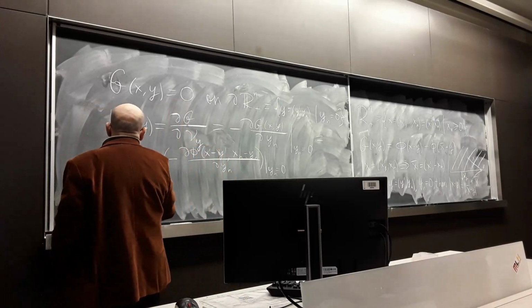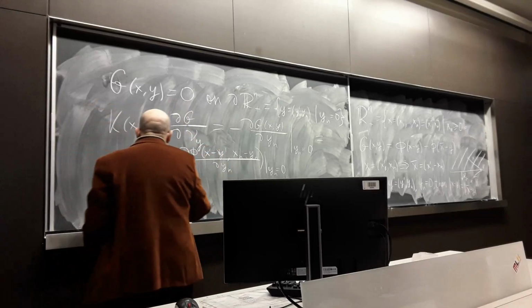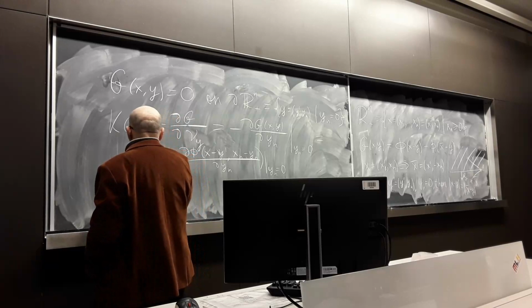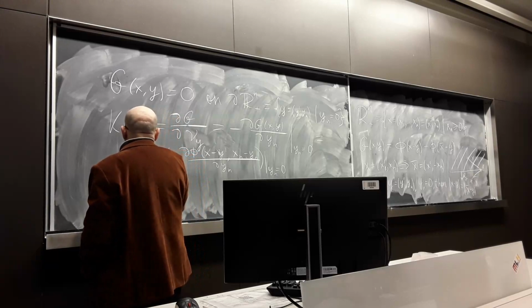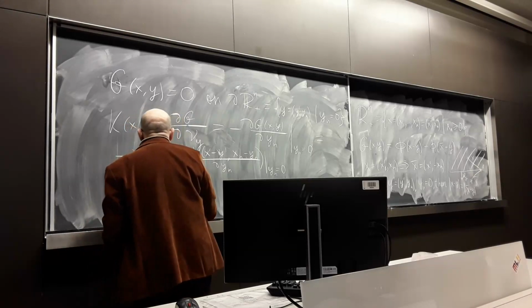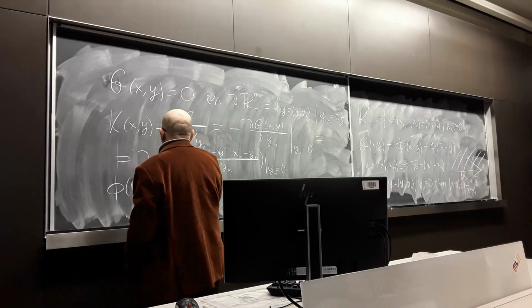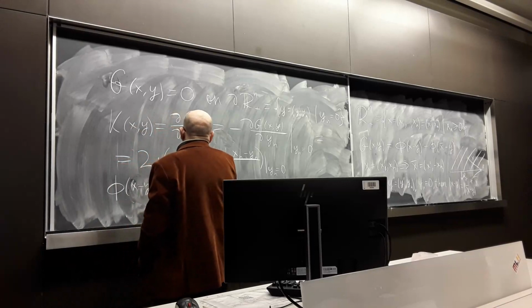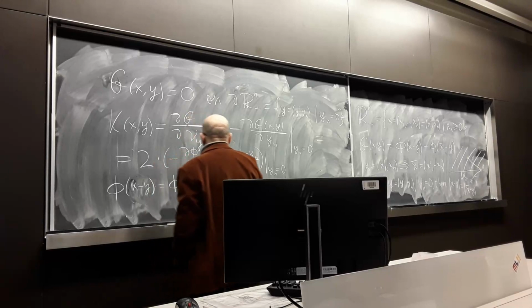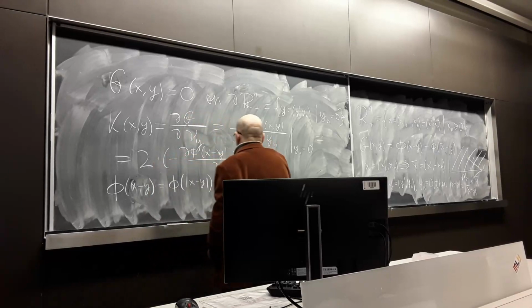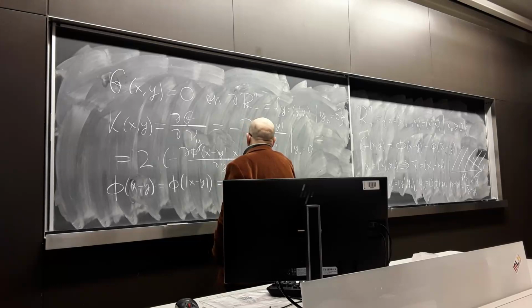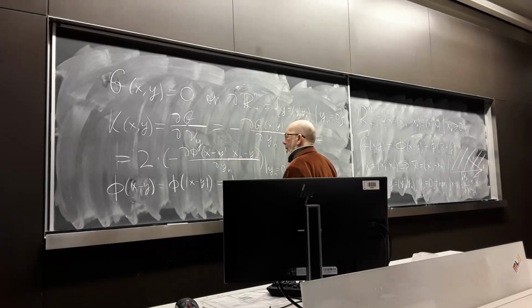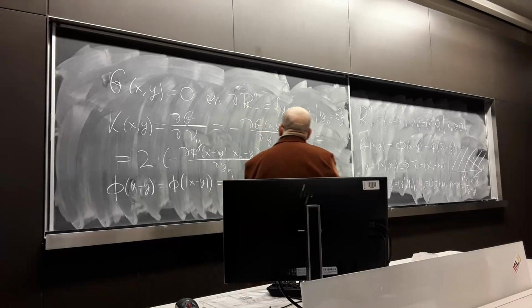Phi of x y, phi of modulus x minus y, equals 1 over n minus 2 alpha n, modulus x minus y to the power 2 minus n. Now let's differentiate it.